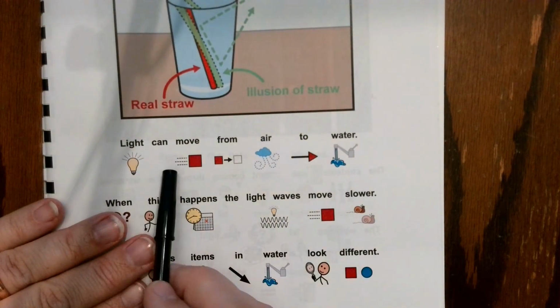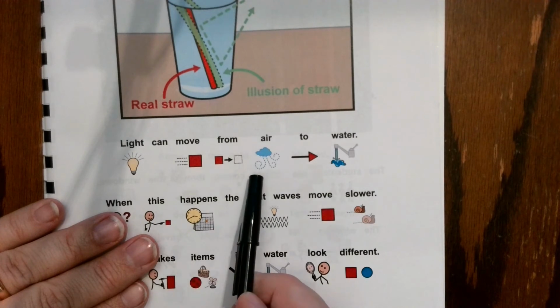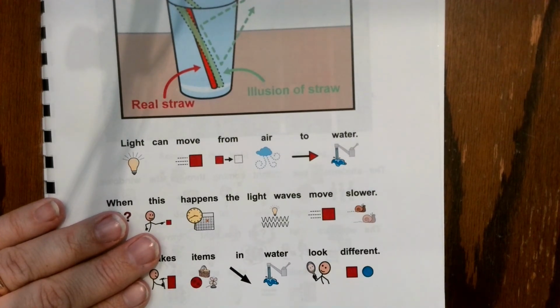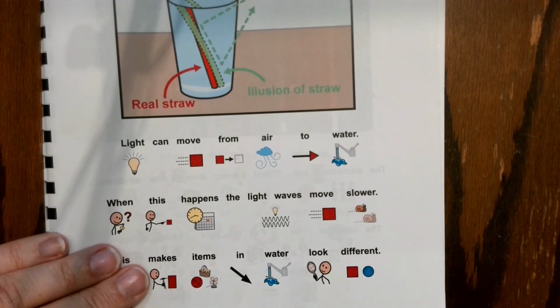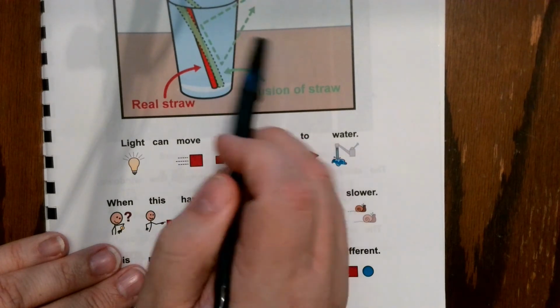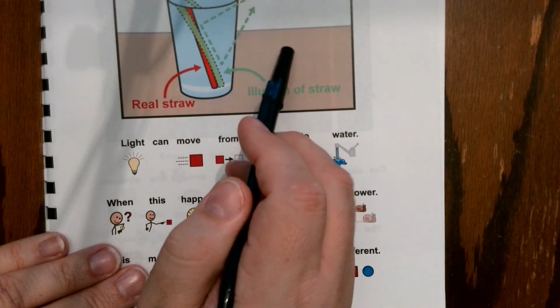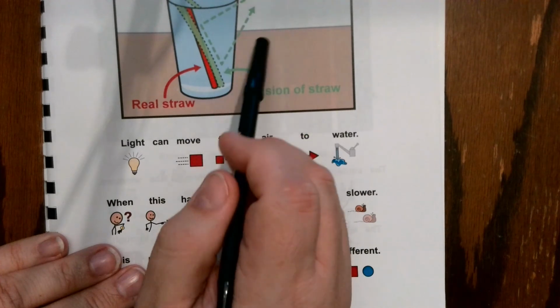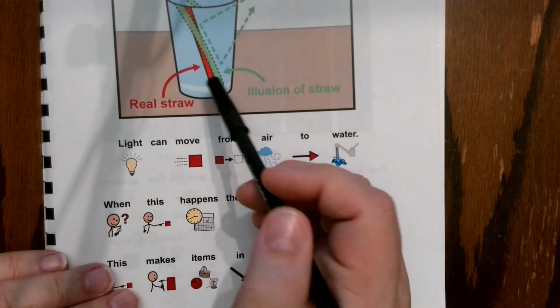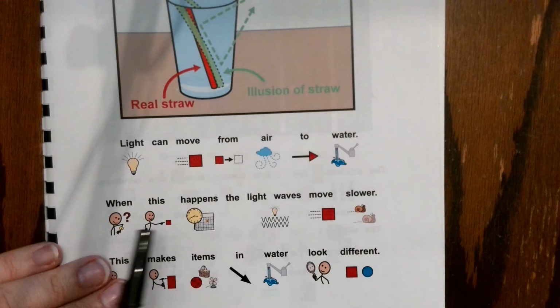light can move from air to water, right? You can look at water and you can see light coming through it. But are air and water the same? No, they're not. So light changes its speed when it goes through different things.